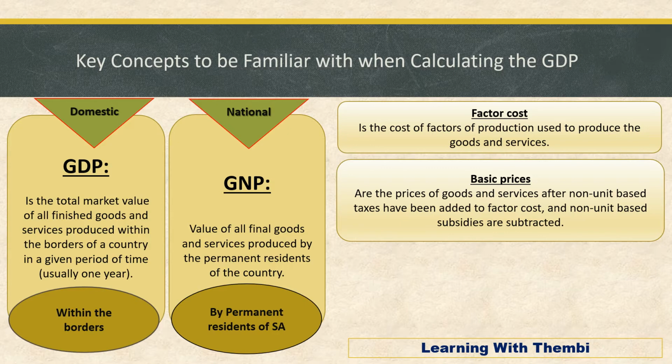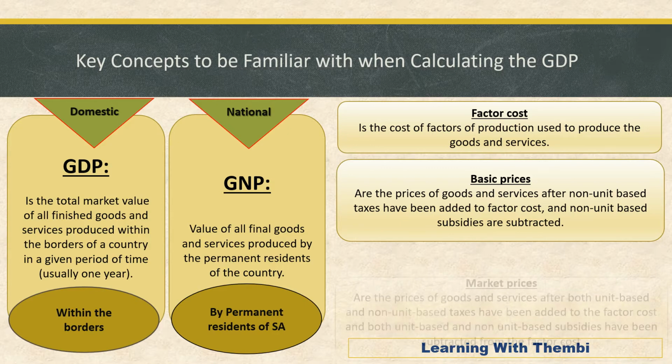So basically, the basic prices are equal to factor cost plus tax on production minus subsidies on production. And if maybe I can add on this one, we can say the basic prices are used when calculating the GDP using the production method, and they represent the production cost of firms.